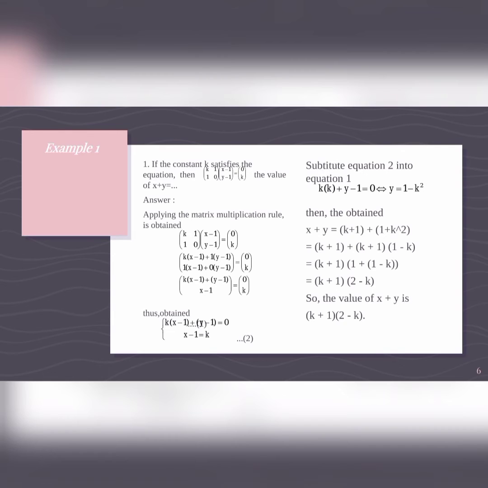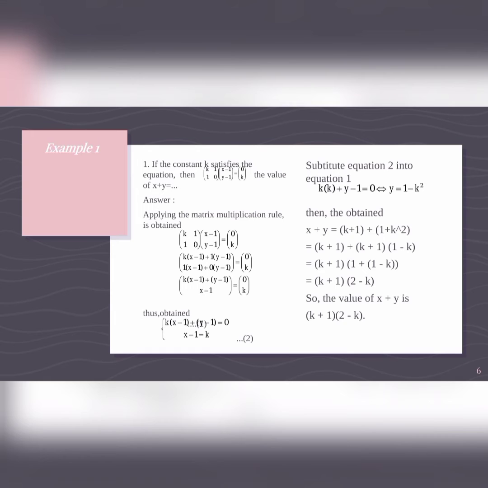We can get matrix K times X minus 1 plus 1 times Y minus 1, 1 times X minus 1 plus 0 times Y minus 1 equals matrix 0K.